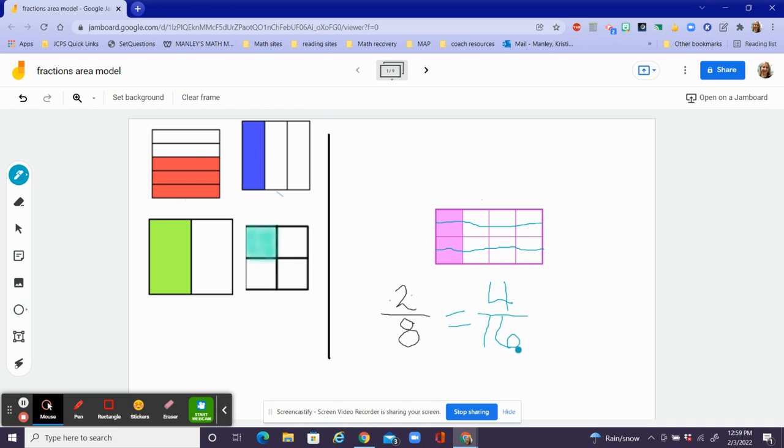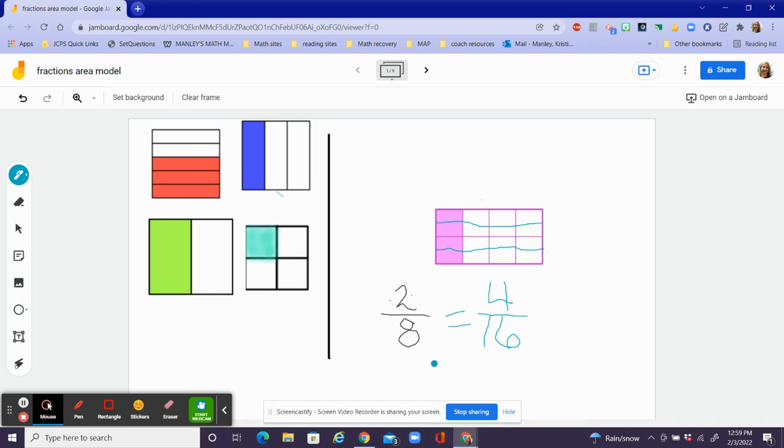So I want you to reflect. What is an equivalent fraction? Now this is an example with an area model. I want you to draw a fraction using an area model. You can choose one of these over here that I did not use, or draw your own. Color in part of it.